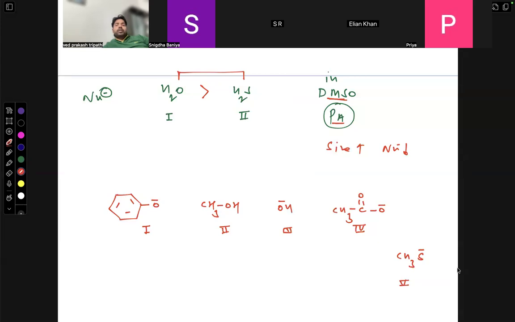So I'm not going to give you the nature of the solvent here, which means it is a polar protic solvent. Clear? What is the nucleophilicity order here?